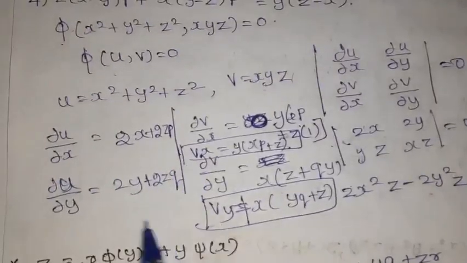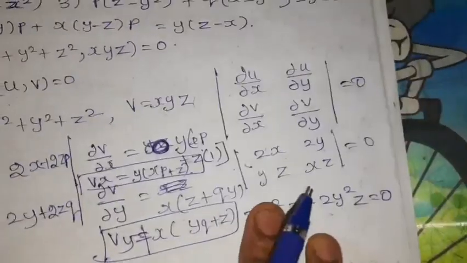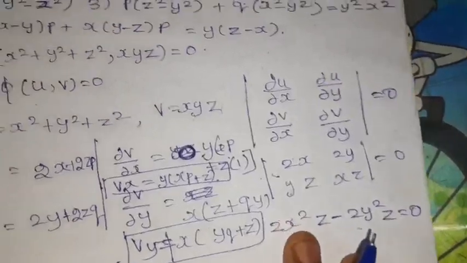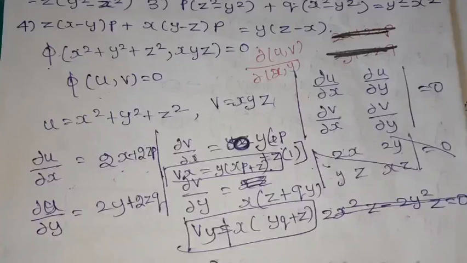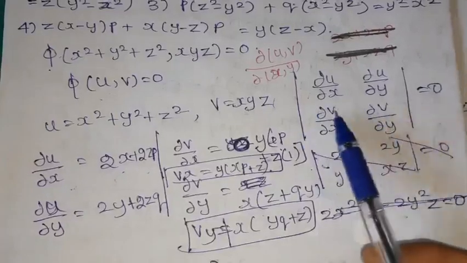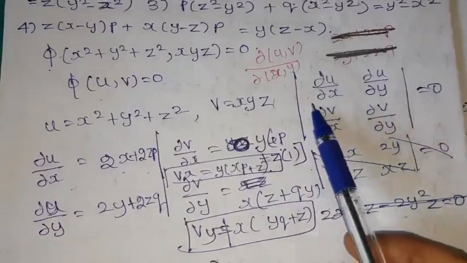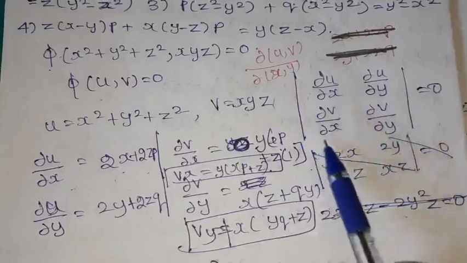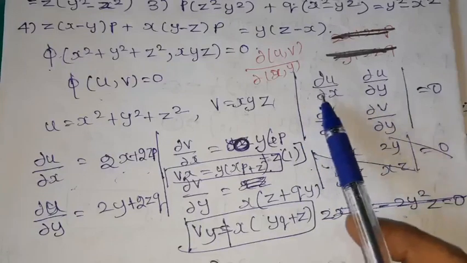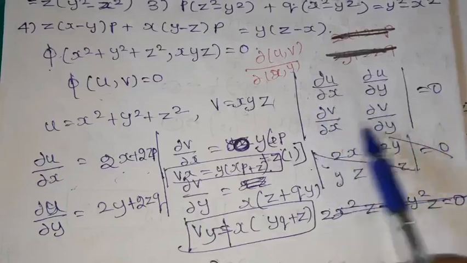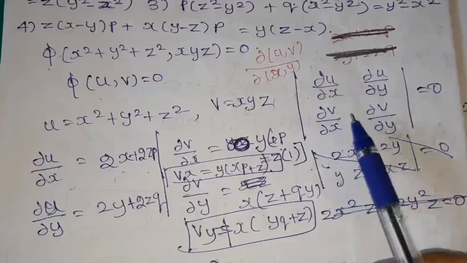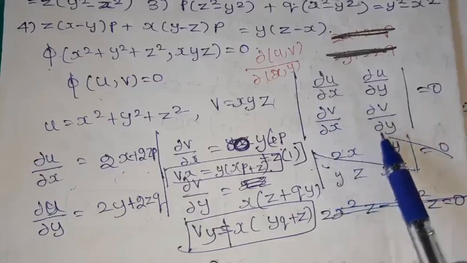So I mistakenly did this. Then this is in matrix form. This is the required PDE, partial differential equation, in modulus determinant equal to 0. So dou u by dou x, dou u by dou y, and in the second row, dou v by dou x and dou v by dou y.